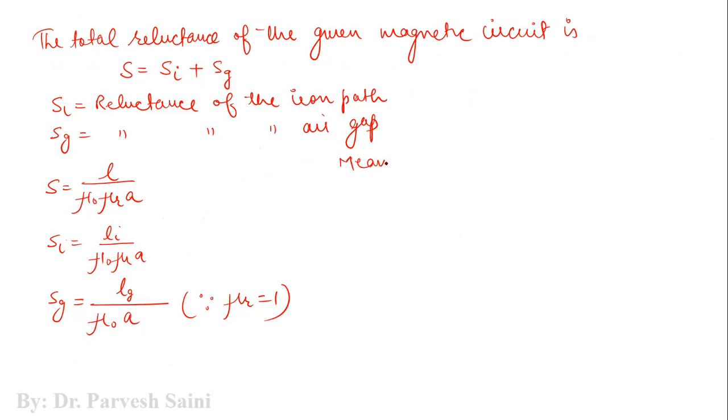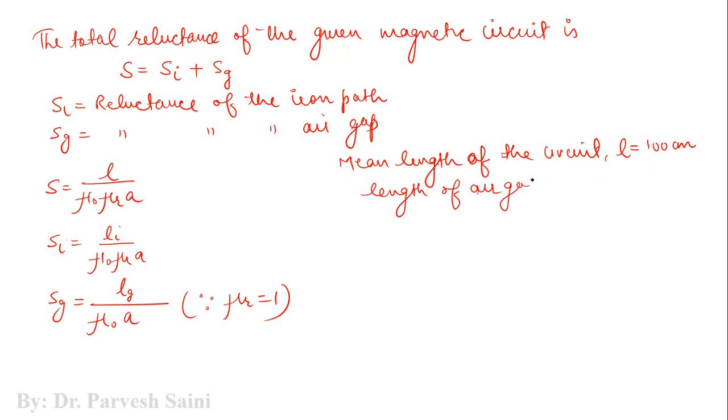The mean length of the circuit, let us say L, is equal to 100 centimeter. Now the length of the air gap is 5 mm, let us say Lg.